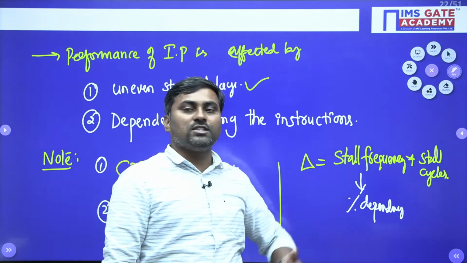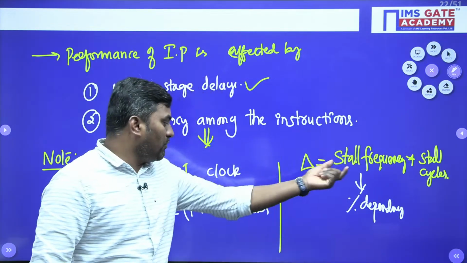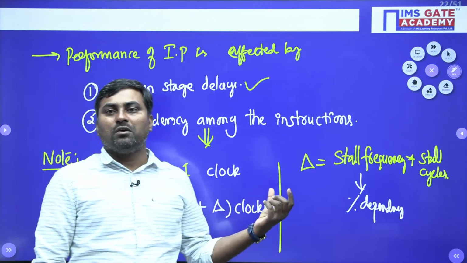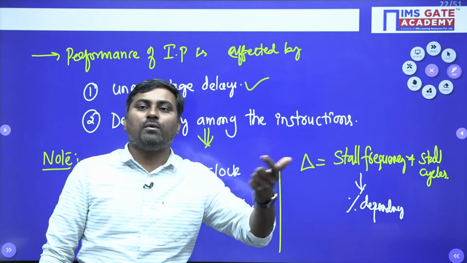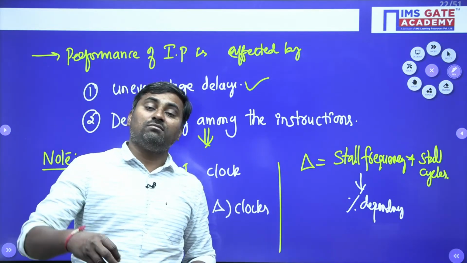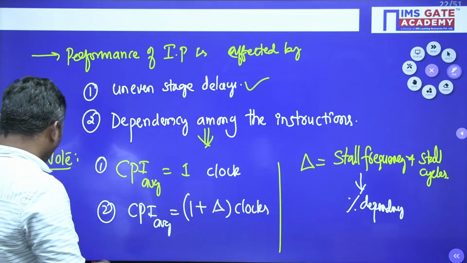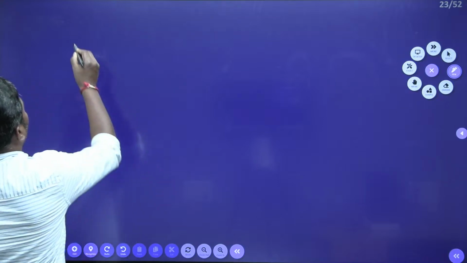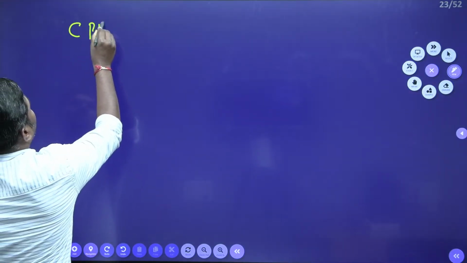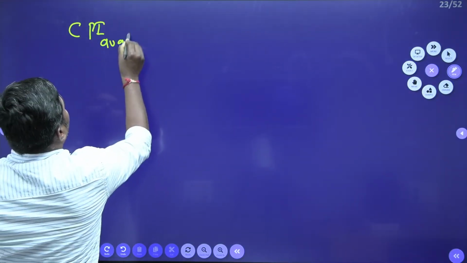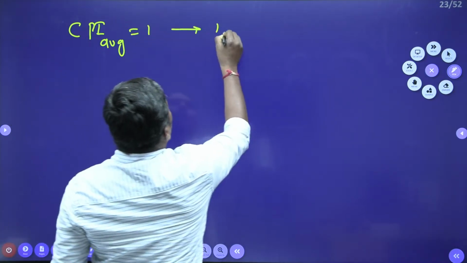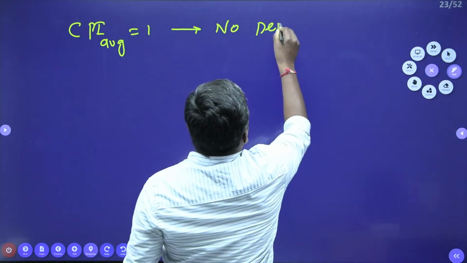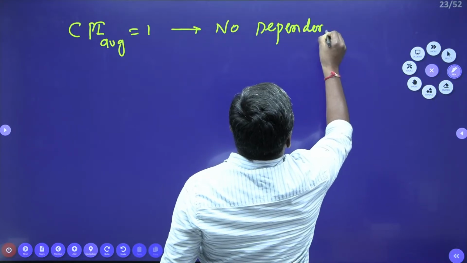That is what delta gives. That value plus 1 gives the average clock per instruction when there is a dependency in the instructions. Concluding, the average clock per instruction will be 1 only when there is no dependency in the instructions.